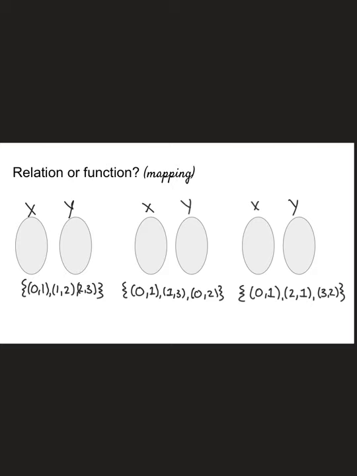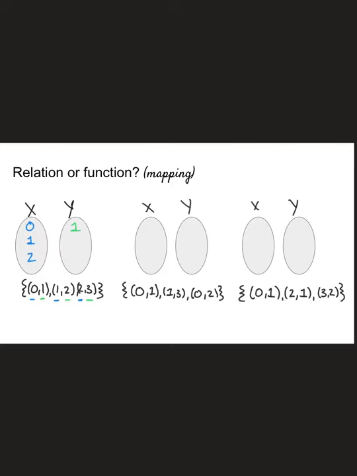Now we take our X's, and if we remember, those are the first value in our ordered pair, and we put them in order in our X. So we've got a 0, we've got a 1, and we've got a 2. And then we take our Y's and we put those in our second little oval here.